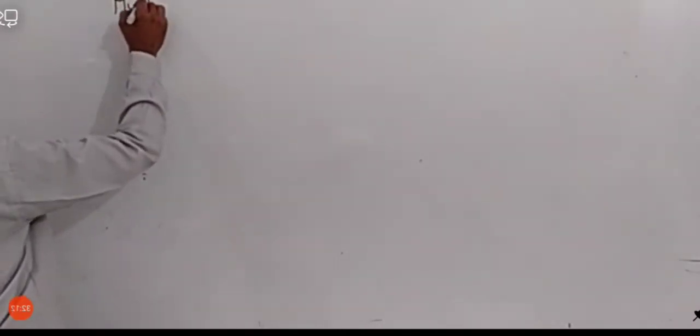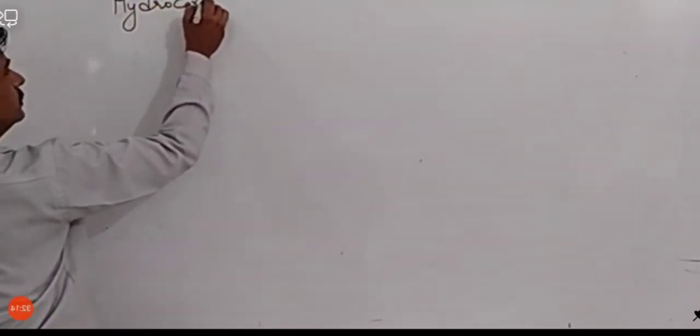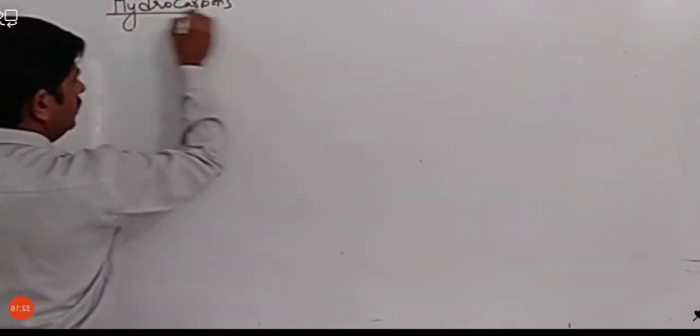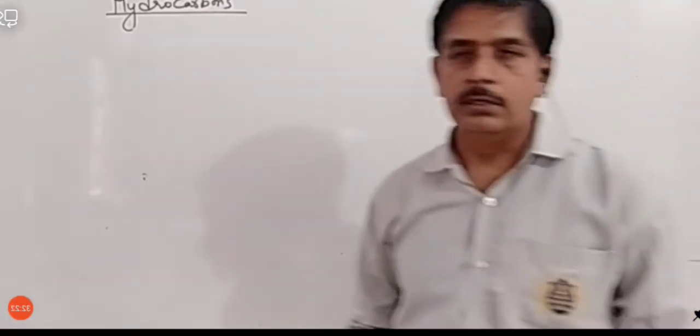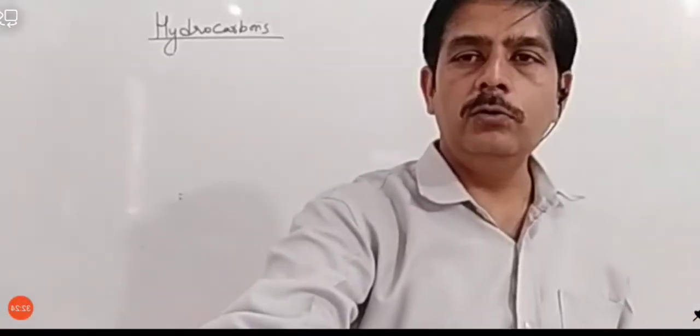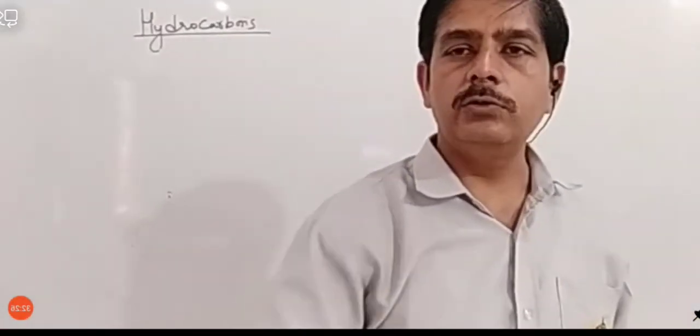So let's see. Here I am talking about hydrocarbons. As the name says, as you can tell from the name, hydrocarbon: hydrogen and carbon. So it means a compound formed by hydrogen and carbon.